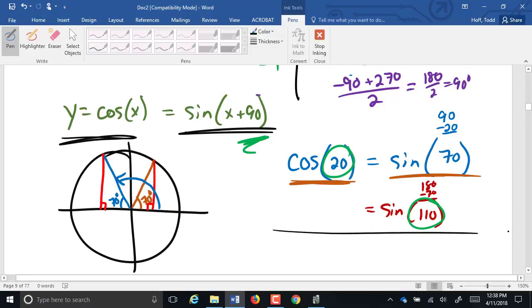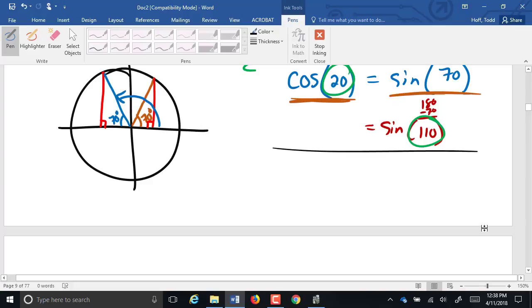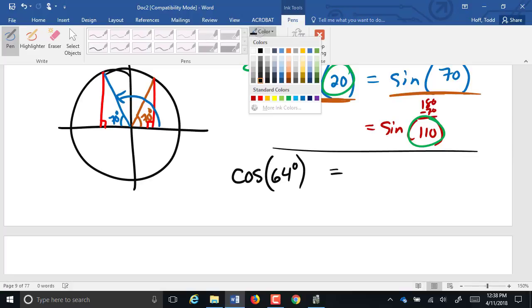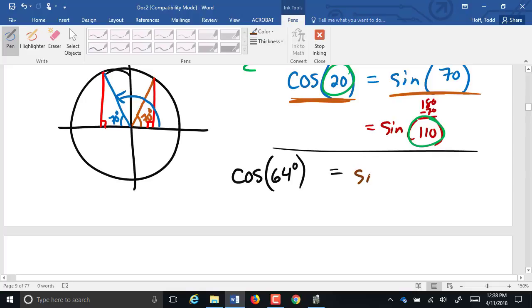Let's try that for a different value. Maybe that's just a quirk for 20 degrees. Somebody give me a value between 0 and 90. Not everybody at once. 64, very good. So the cosine of 64 is going to be equivalent to the sine of what is the complement of 64? 26, okay.